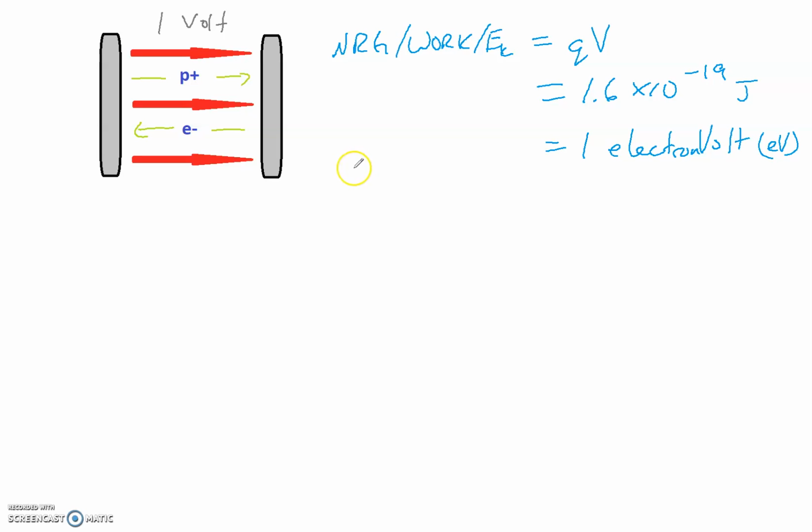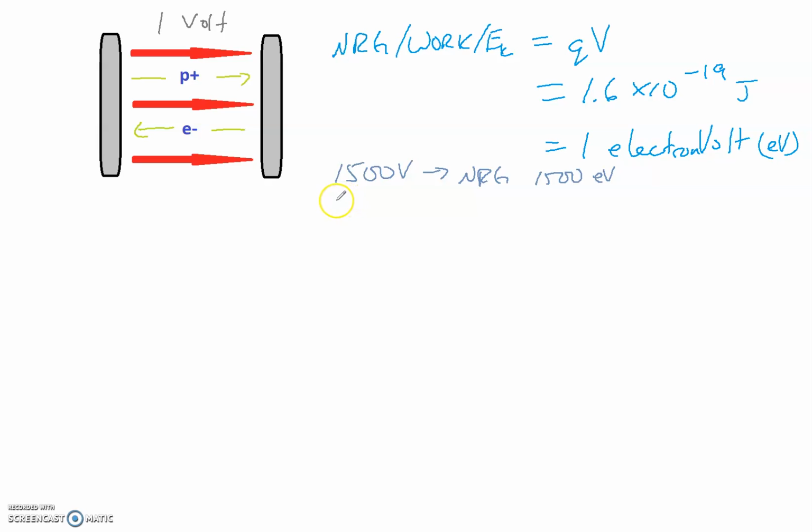And using this can be really handy. For example, suppose you had a 1500 volt potential difference. Well, if you have 1500 volts and you're using an electron or a proton, that tells you right there that the energy would be 1500 electron volts. It's just that easy. You don't have to do Q times V or 1/2 mv squared. It tells you exactly what the energy is going to be as long as you're using an electron or a proton.